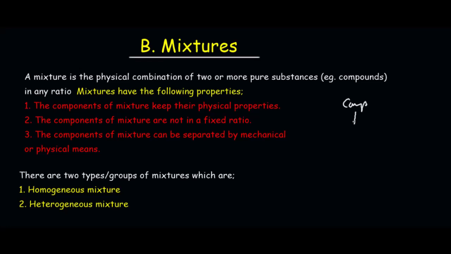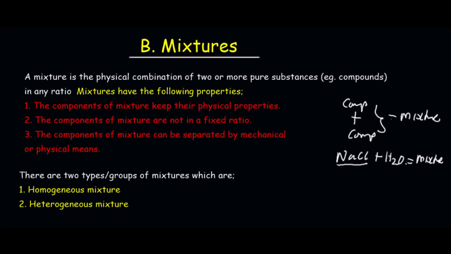If I put together two or more compounds physically, not chemically, I'll end up getting what we call a mixture. So let's say I have sodium chloride, which is a compound. I'm adding it to water, which is also another compound. I'll get a mixture.